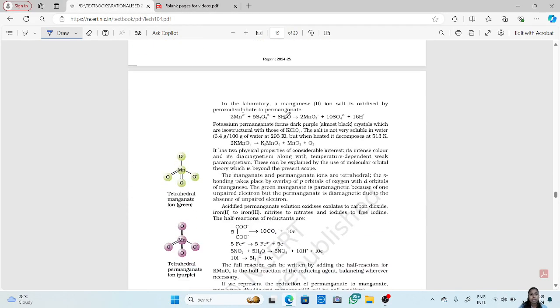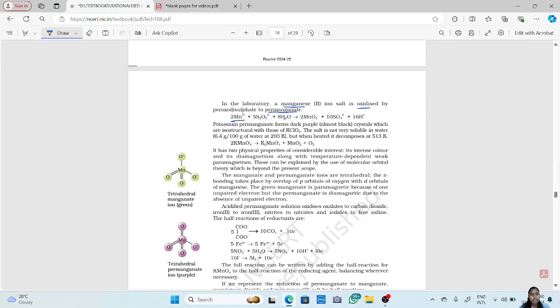In laboratories, a manganese ion salt is oxidized by peroxodisulfate to permanganate. So in laboratories, if you want to oxidize a manganese ion salt, it is oxidized using peroxodisulfate to permanganate.